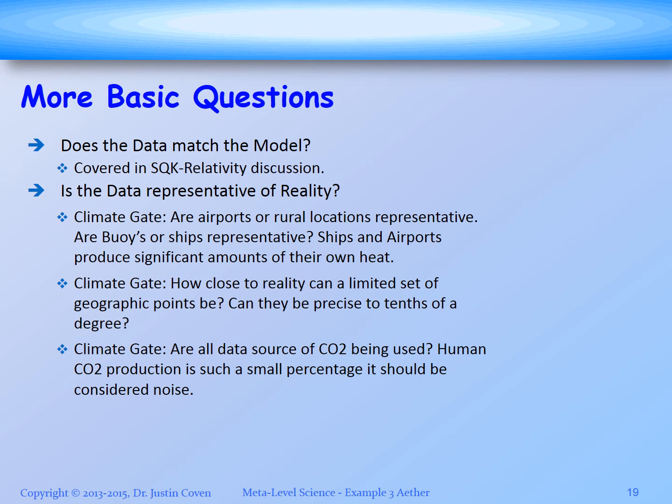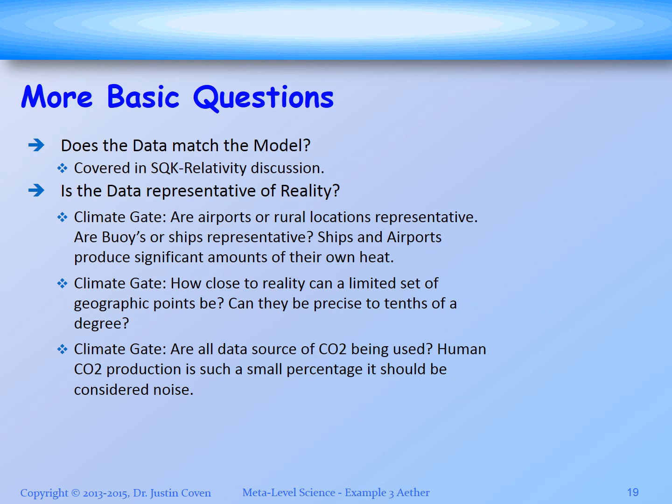Ships and airports produce significant amounts of their own heat, fudging data. Unfortunately, with ClimateGate, the ClimateGatists, UN, etc., are using the ships and airports versus the buoys in more rural locations, which are more representative. ClimateGate.